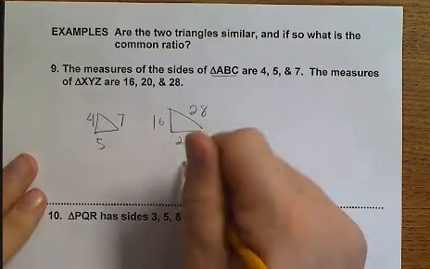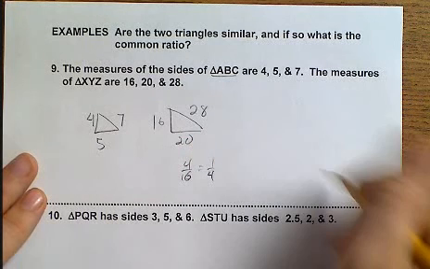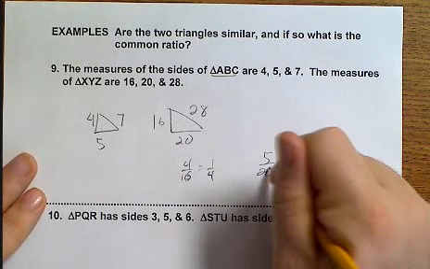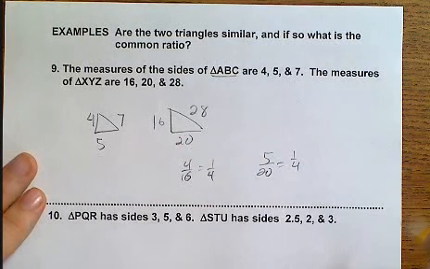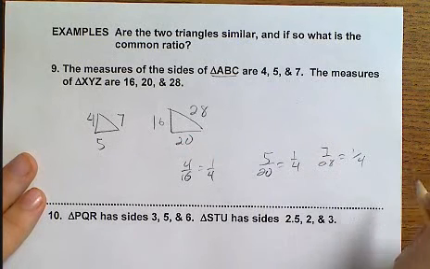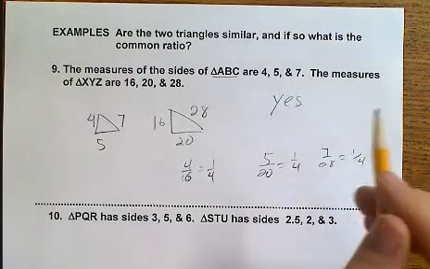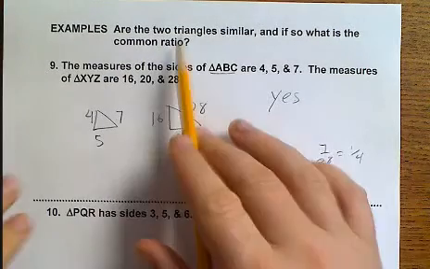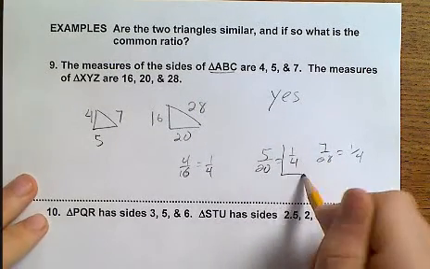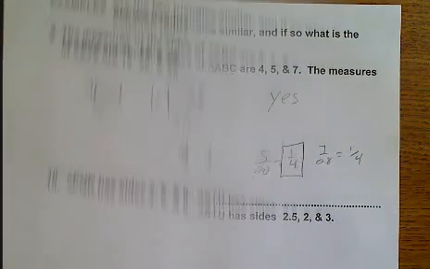Well, 4 over 16 is 1/4. 5 over 20, 1/4. And 7 over 28, 1/4. So the answer is yes. And our common ratio is that 1/4. Pretty simple. Let's go ahead and do this last one.